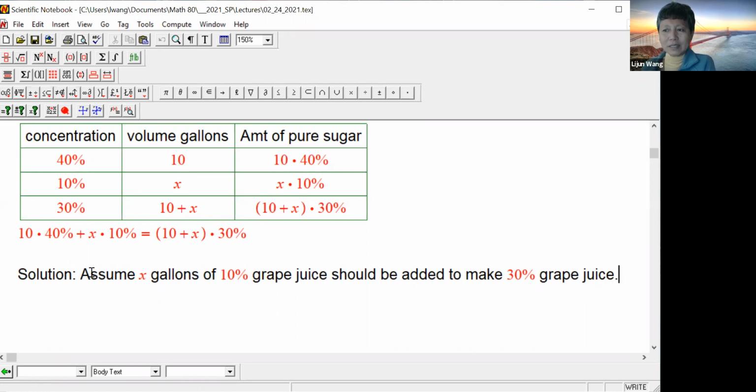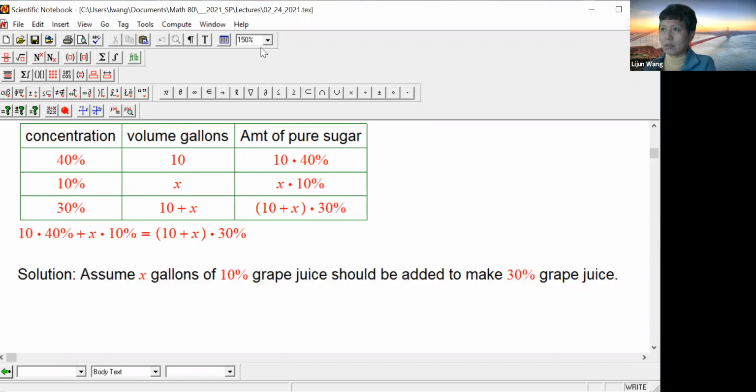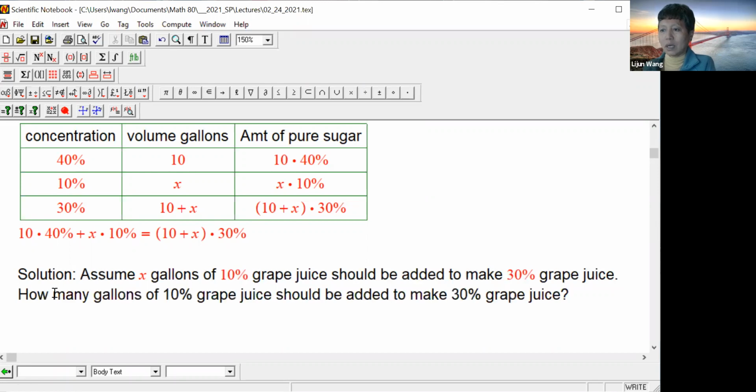You see how easy it is to specify the variable? You really just take the last sentence, or question sentence, in the question. Okay, so I'm going to show you how you make that sentence. How many gallons of 10% grape juice should be added to make 30% grape juice?